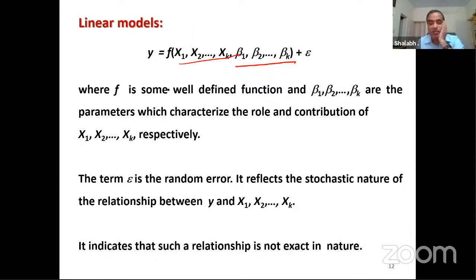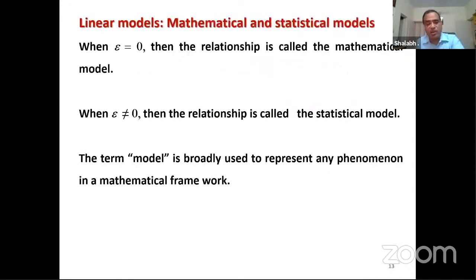Right. And then we have this relationship: y is equal to f of the independent variables and the parameters, plus a random error component. Now I have explained the different meanings of these components in this model. If you take your epsilon to be zero, that means you are assuming there is no randomness in the model, then this model becomes a mathematical model.